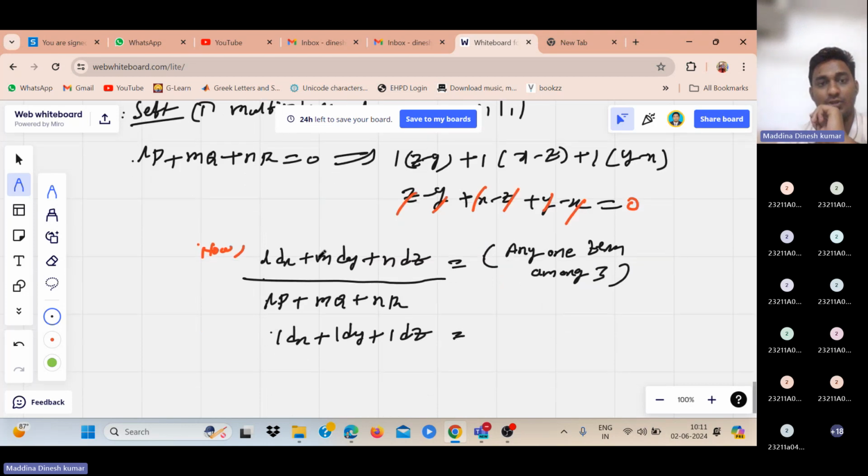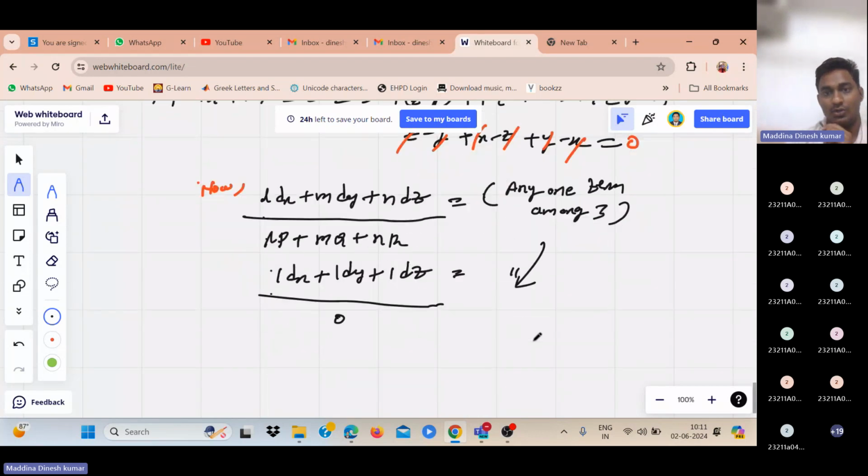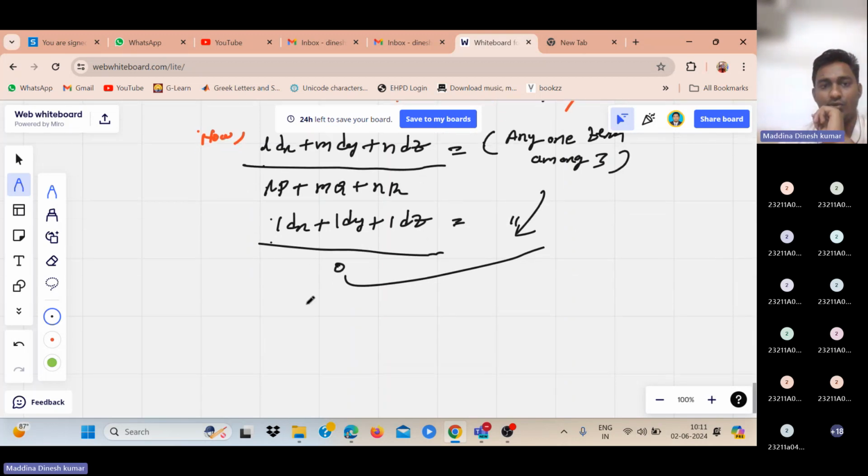This is the working procedure. Any one term here is the same, so 0 is there. If you transfer 0 from this side to this side, the term will become 0. So here we will get 1 dx plus 1 dy plus 1 dz equal to 0.